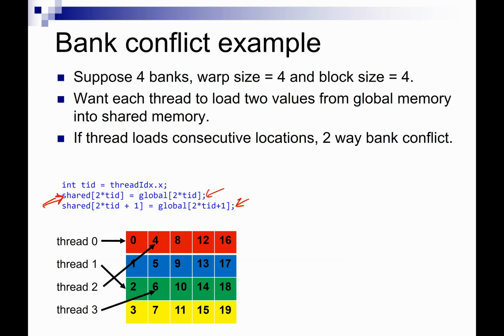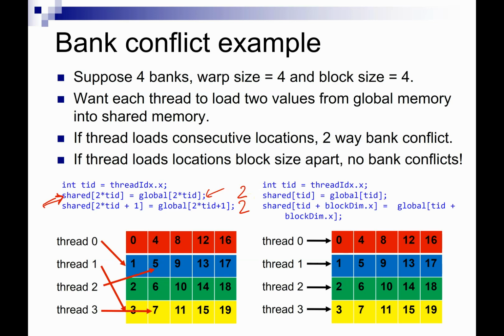On the next instruction, thread 0 is going to access 1, but thread 2 is going to access 5. So both of these are in the blue bank. Again, you have a bank conflict, and same for the other threads, which have a conflict in the yellow bank. Therefore this instruction also takes 2 passes to finish because of the bank conflict.